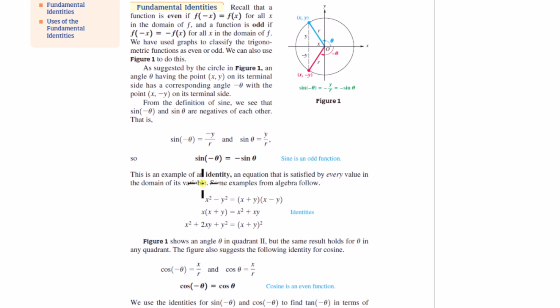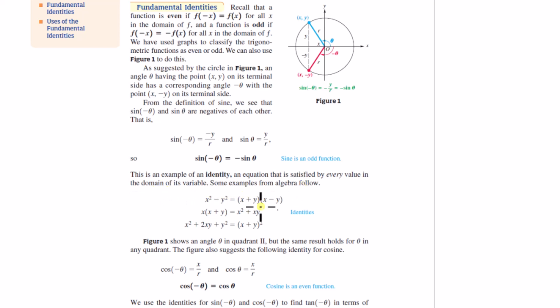Like cotangent of 0 is undefined. But for any other theta, as long as there's no domain issue, the equation is satisfied. There's not one unique value of the variable that solves the equation. All values of the variable within the domain solve the equation. And so that's why these are called identities. An identity is an equation that is satisfied by every value in the domain of its variable.